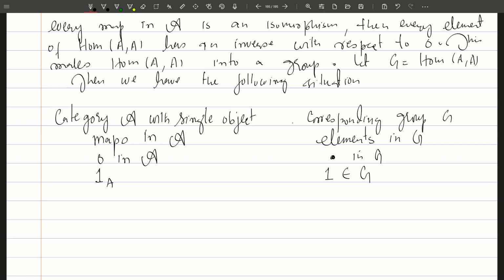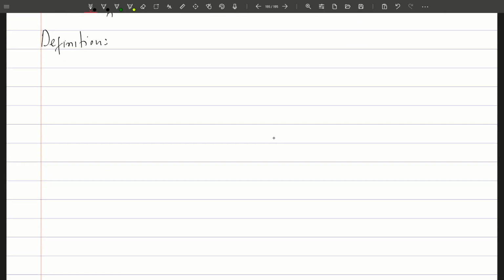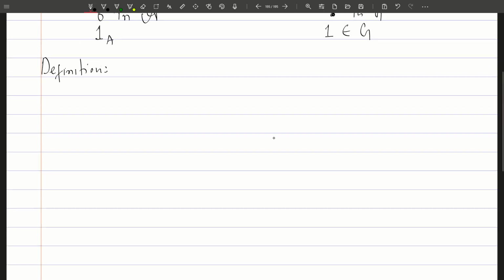Now, before we do another example, let us define what a pre-ordered set is. So we have a definition. A pre-order is a binary relation which is reflexive as well as transitive.